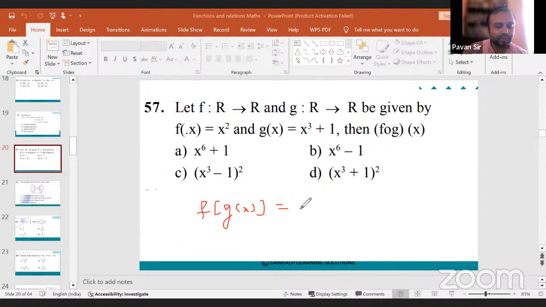What is f of g of x? It is f of what is g of x, substituted. That is x cube plus 1. But f of x is x square, so it is x cube plus 1 the whole square. So option D is the correct answer.